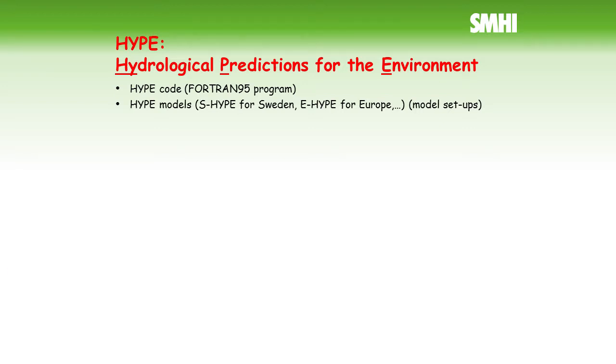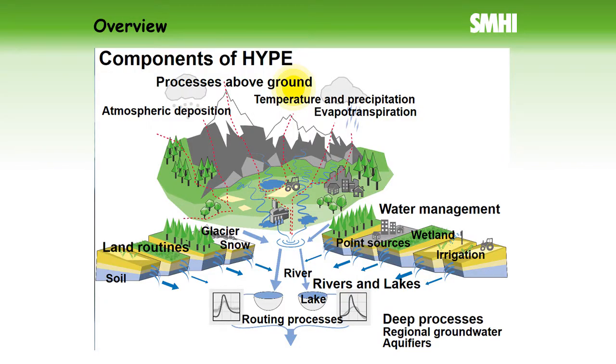Components of HYFO. Well, it's like most models, divided into subbasins, different land uses. So we have the different land soil classes, layered soil, and a network of rivers and lakes.